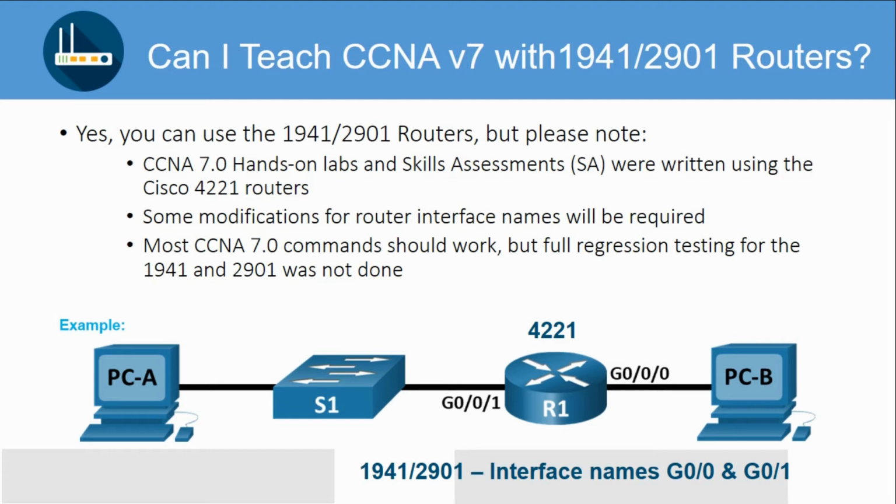So you can still follow the network design and the instructions, but when it comes to particulars like the interfaces and names, you need to consider changing them based on the characteristics of your 1941 router and 2901 router.